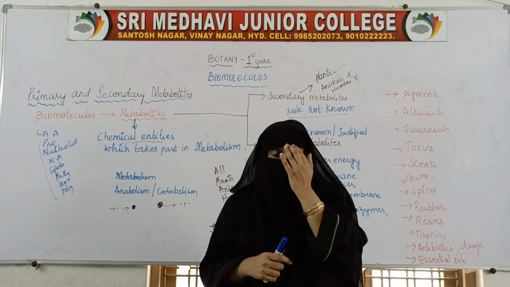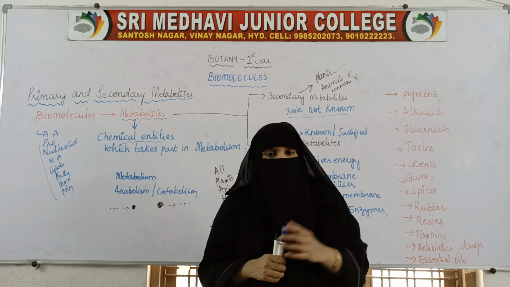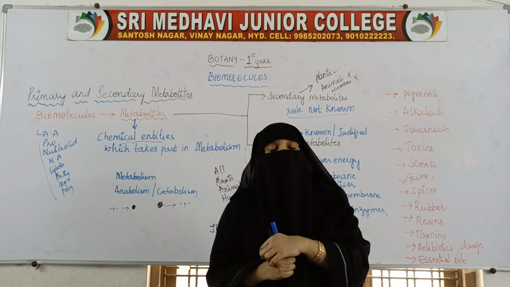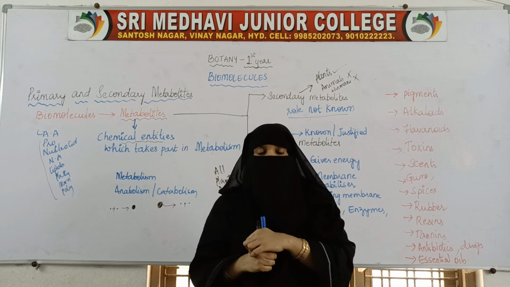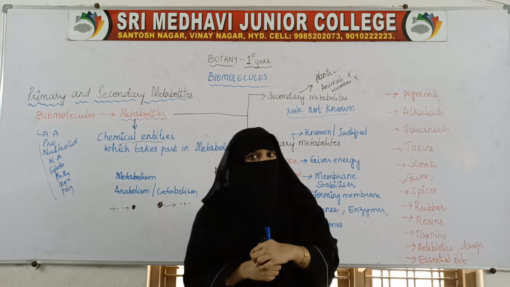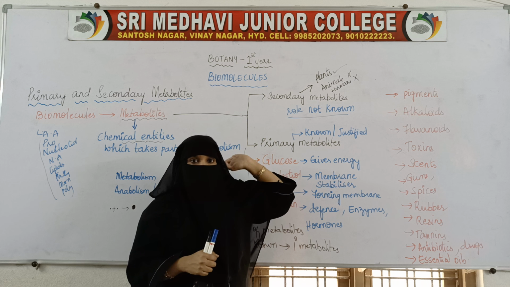Animals also get diseases, so to treat them, antibiotics are used, but they are not useful to plants. They are produced by the plants, but not useful to the plants. So such substances are called secondary metabolites.